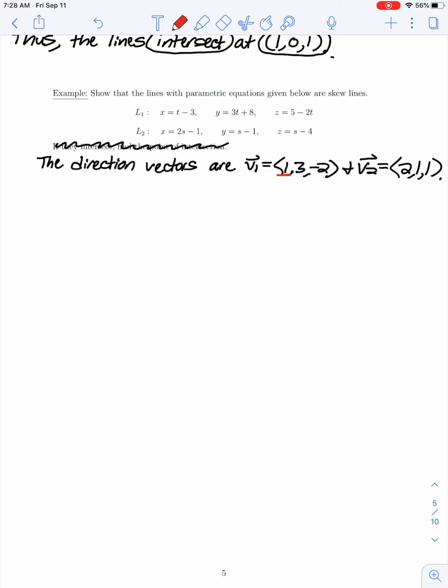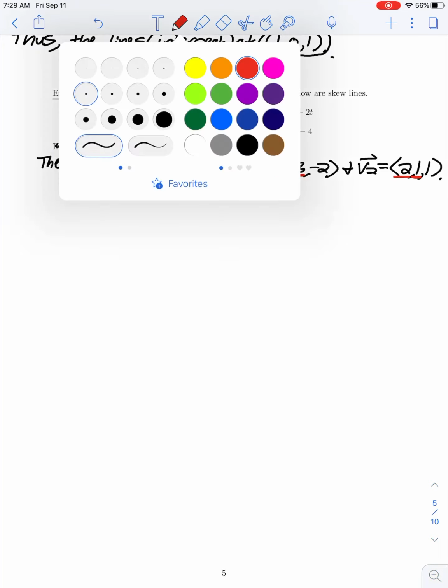Comparing the first components, if I went from 1 to 2, I would have to multiply V1 by 2 to get the first component of V2. But comparing the second components, if I multiplied 3 by 2, I would not get the second component of V2, which is 1.